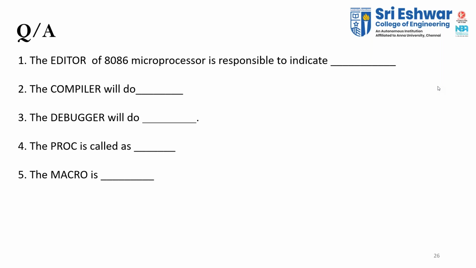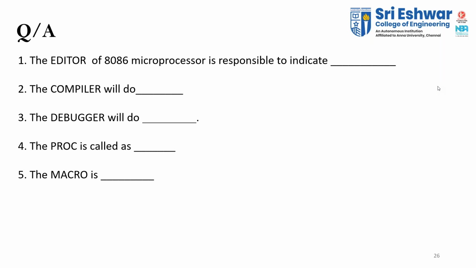What is a debugger? Troubleshooting a program, right? A debugger is used to troubleshoot your program. Excellent. Gayatri, super. Sanjna, rectify errors in a program, right?